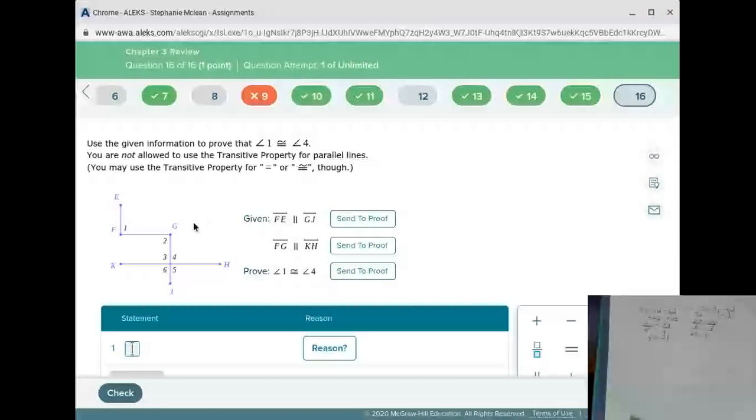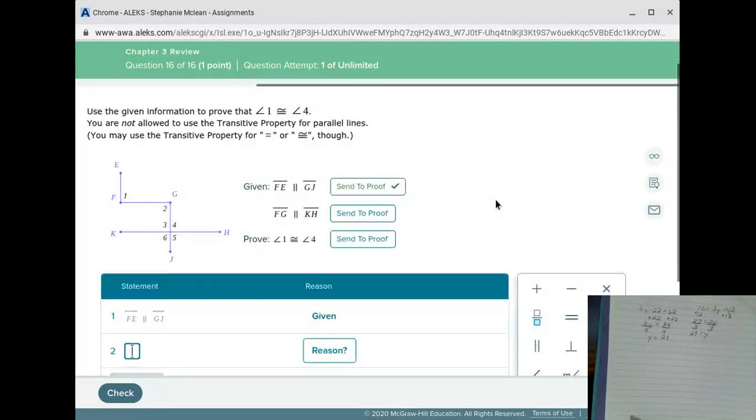They tell us that FE is parallel to GJ, and they also tell us that FG is parallel to KH. They want us to show that angle 1 is congruent to angle 4. I'm going to start with these two parallel lines, EF and GJ, and send that to the proof.